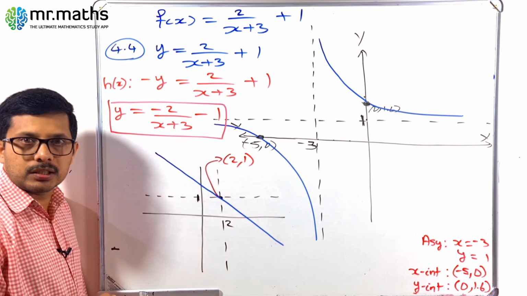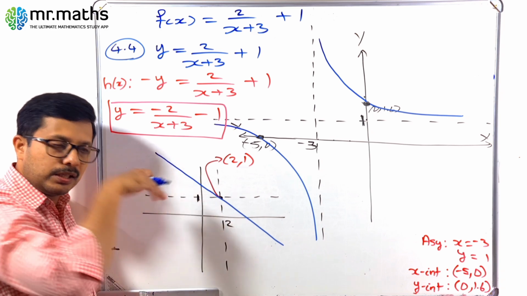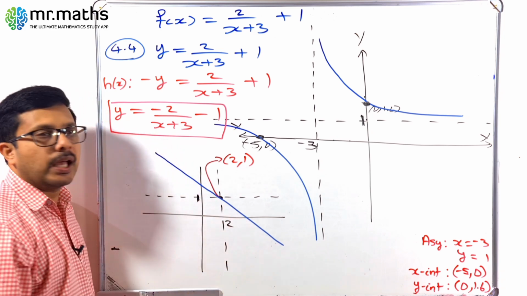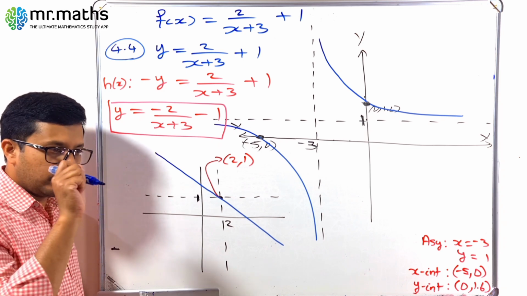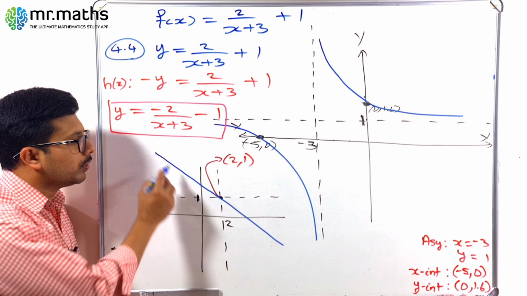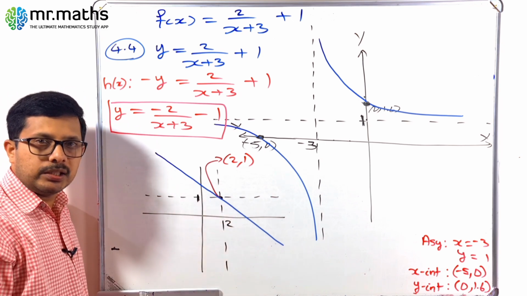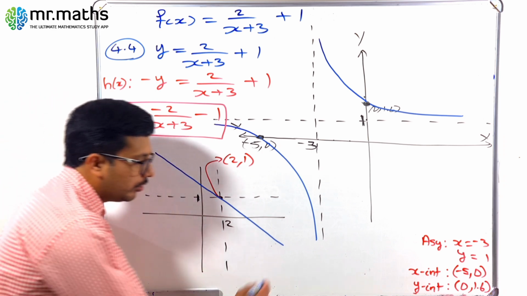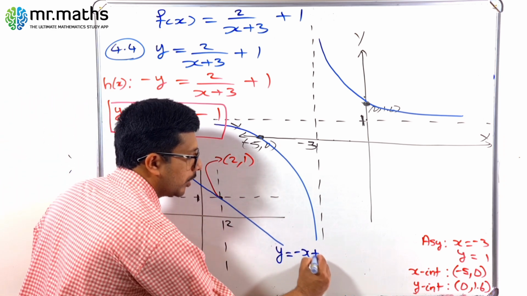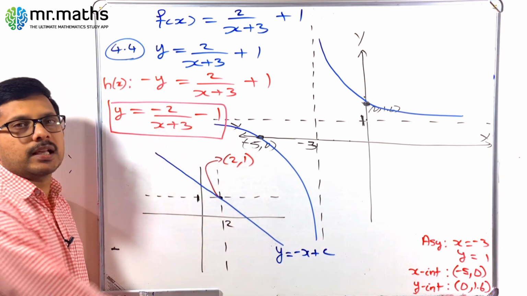Here you can see there is a straight line and it is decreasing. So this line is known as an axis of symmetry. When the straight line is decreasing, the gradient is negative. So this line is known as the axis of symmetry having negative gradient, and there is a general equation for this line, y equals minus x plus c. That is the general equation for this axis of symmetry.